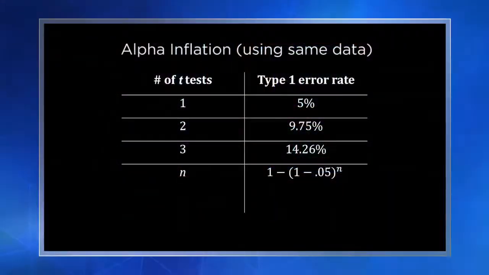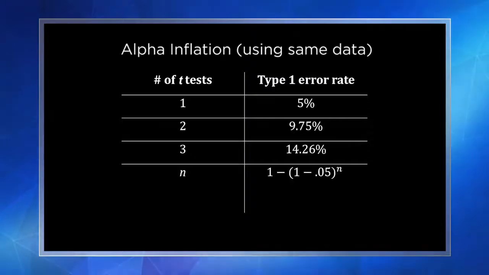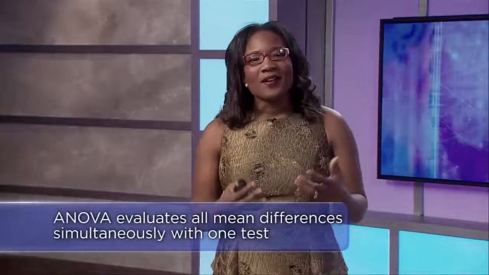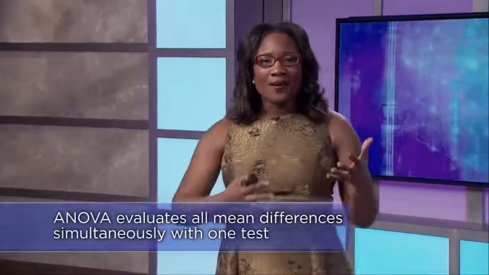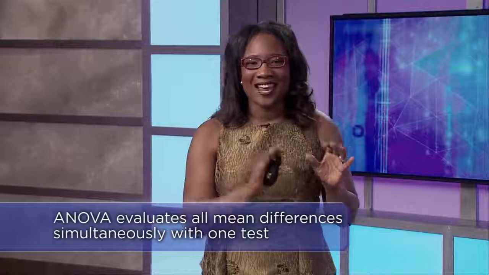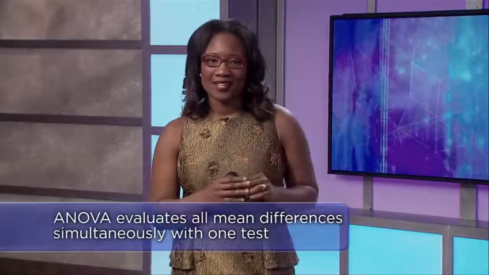And this occurs when we conduct several different tests on the same set of data. Too many tests spoil the data broth. Now, ANOVA evaluates all the mean differences simultaneously in just one test, regardless of the number of means. So it's simpler, and we avoid that problem of an inflated alpha level.